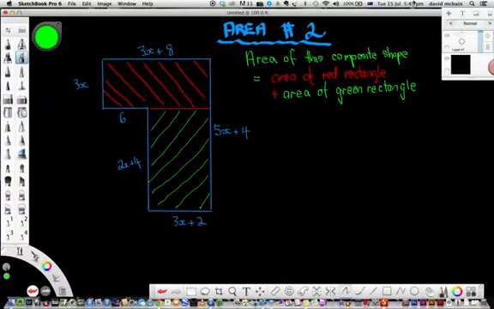So if we can work out the area of the red rectangle and the area of the green rectangle, all we need to do is add those two areas together, and that will give us the area of the whole shape. So let's see if we can do that. Actually, why don't you pause the video now and see if you can do it yourself first.